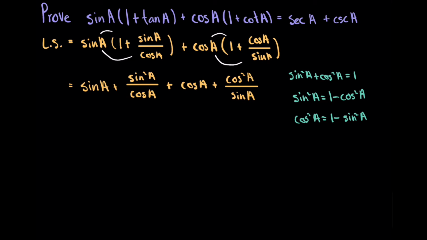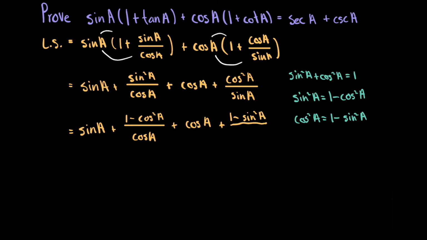So from before, we have sine A, and then plus sine squared over cosine. Sine squared is 1 minus cosine squared A, as just proven, over cosine A, and then plus cosine A. And then we have plus 1 minus sine squared A for cosine over sine A.